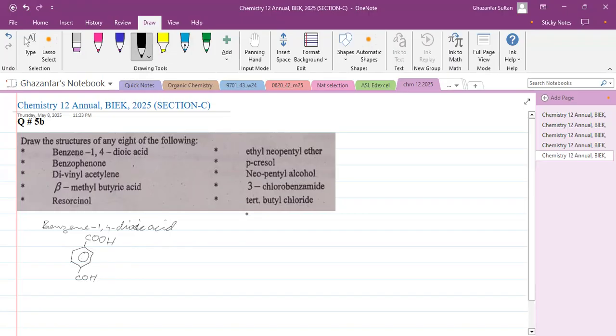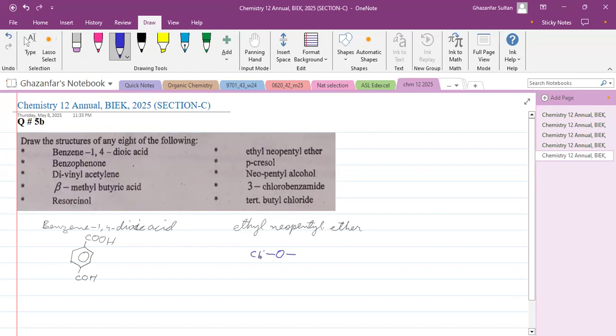The next is ethyl neopentyl ether. So ether means there is one oxygen, and on either side there are two alkyl groups. So the two alkyl groups, one is ethyl.